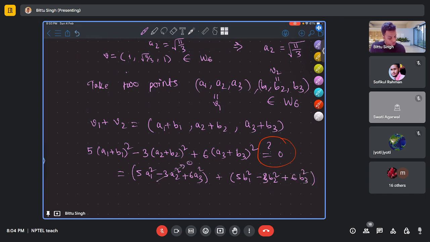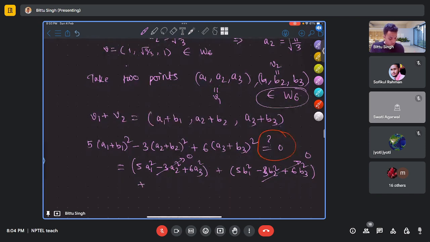Those two things will be 0 because V1 and V2 belong to W6. Any element from W6 satisfies that property. But what about the extra terms? That is 10 a1 b1 minus 6 a2 b2 plus 6 a3 b3.